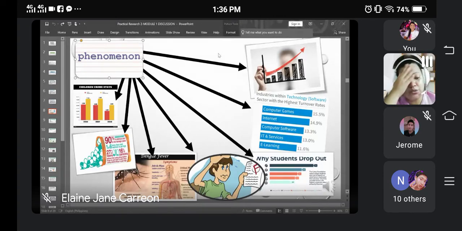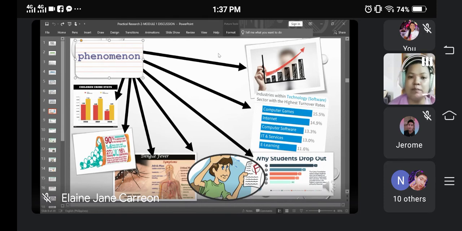Okay? So the word phenomenon is repeatedly mentioned in our definitions or descriptions of quantitative research, tama? So ano ba ang phenomenon? According to the dictionary, a phenomenon is a peculiar incident that can happen anywhere with any discipline or any organization.